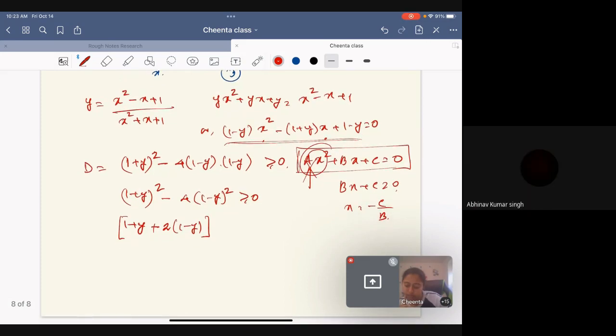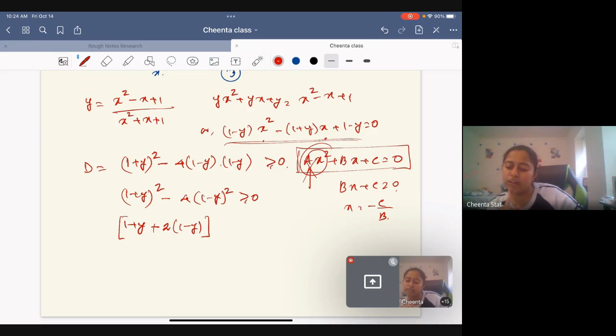Because ma'am, y can also take the value 1, and if we apply this quadratic formula, then we won't get y equals 1. Then ma'am, we will be missing some value in the range. According to this formula, if y equals 1, then just this part is gone.